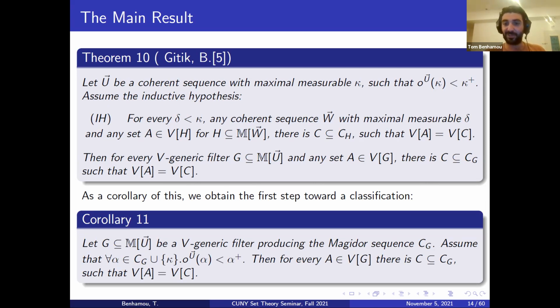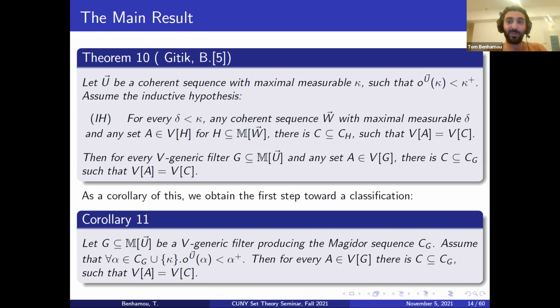Then for every set A in the generic extension V[A], there is a subsequence C of the generic club such that the model generated by A is the same as the model generated by C. Okay? So this is exactly a generalization of the Gitik-Kanovei-Koepke result, but for a Magidor forcing with o(alpha) less than alpha plus.